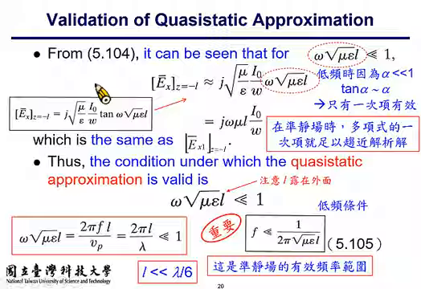is this. From my own perspective, I usually remember this criterion. That's the limit for determining whether or not the quasi-static approximation is valid.